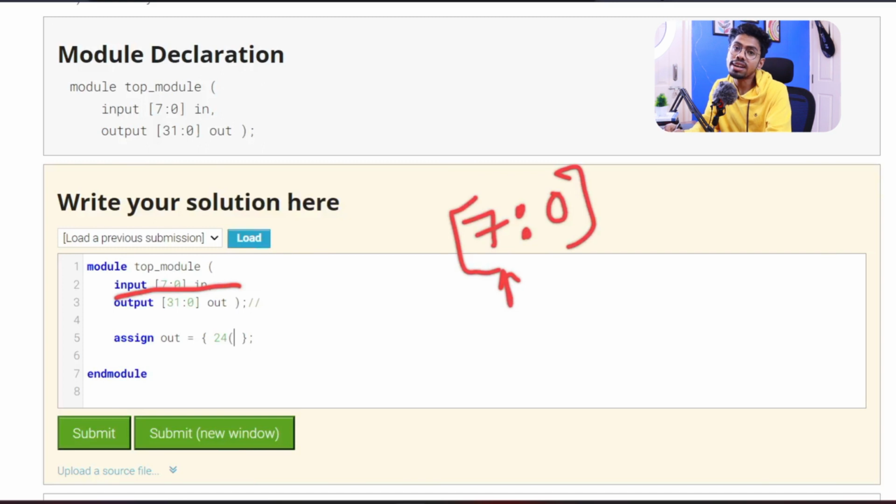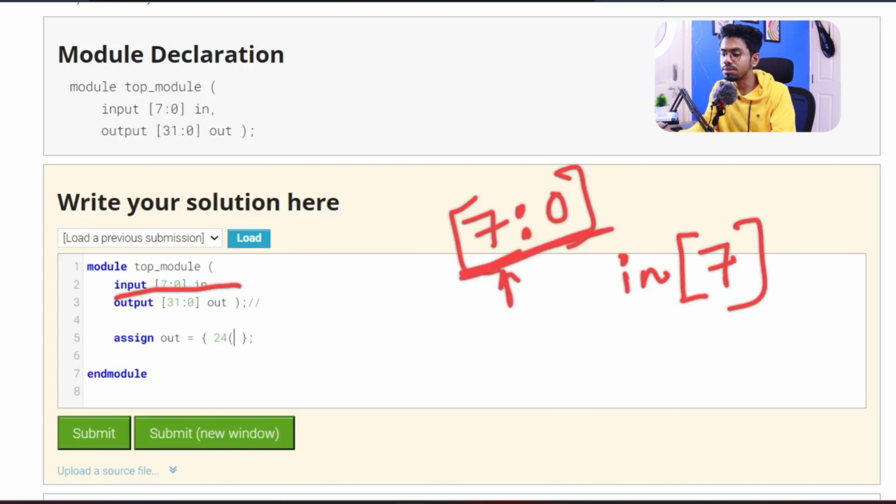And how to access the leftmost bit? Remember that your leftmost bit is the most significant bit, so you need to access the most significant bit, which is 7, because you have bits from 0 dot dot dot up to 7.